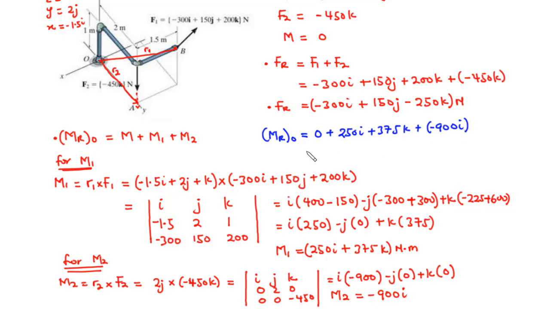Now let's simplify this. So this becomes 250i plus negative 900i gives negative 650i, and then plus 375k. So this happens to be the resultant couple moment about point O.